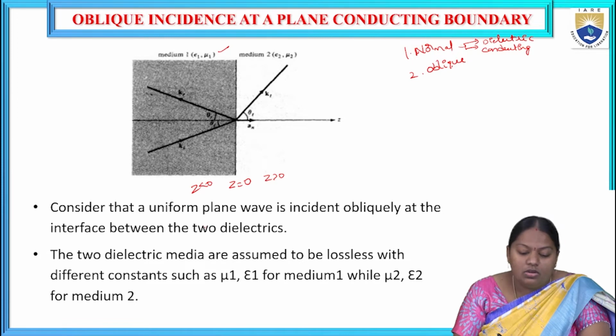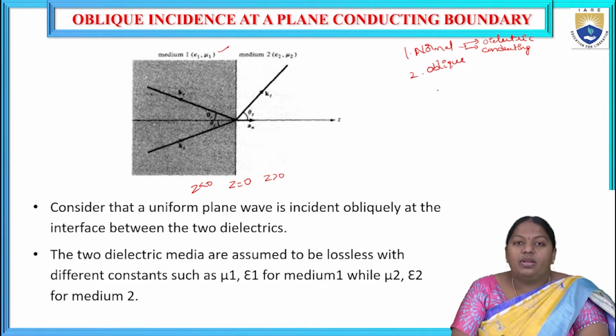In this oblique incidence at a plane boundary case, we also have two classifications: oblique incidence at a plane dielectric boundary and oblique incidence at a plane conducting boundary. Now we will discuss oblique incidence at a plane dielectric boundary.